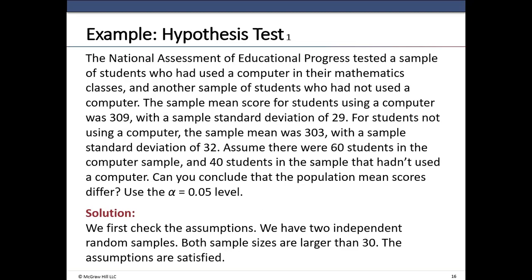Okay. So let's go to our calculator, on STAT, TESTS. We go down to two sample t-test. Input is on stats. x1 bar is the sample mean of the group that used a computer, which is 309.